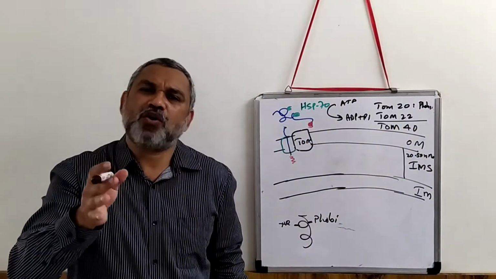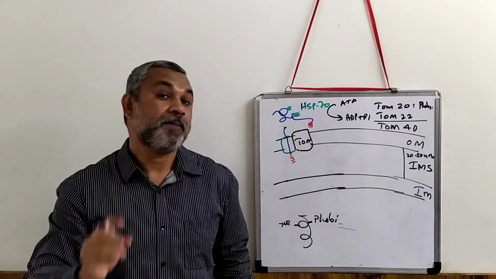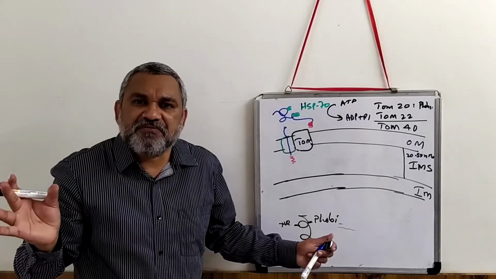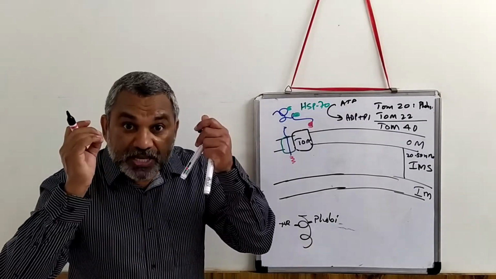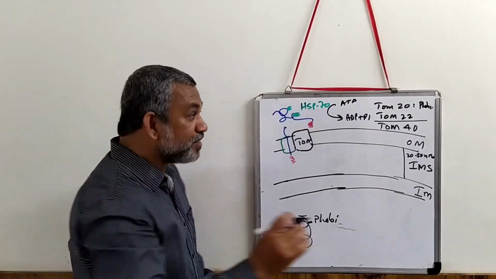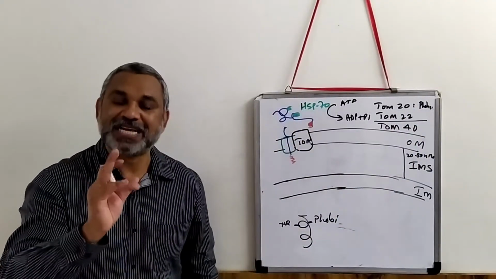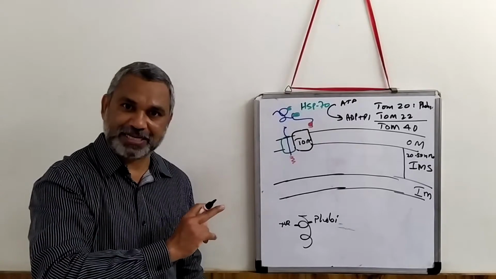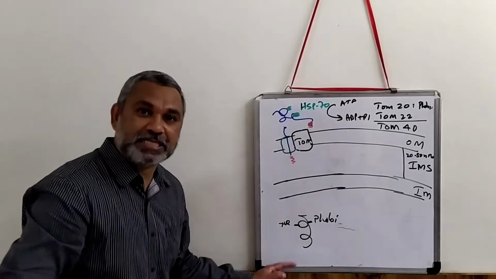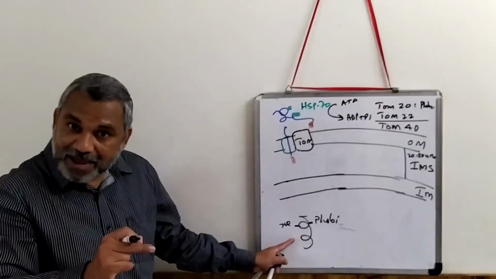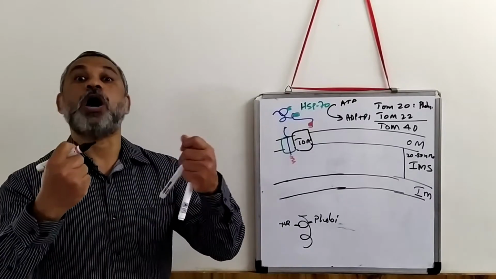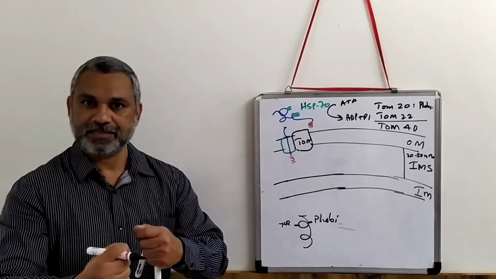It forms a kind of connection, but this linkage is very weak. Now it has to be strengthened. That strengthening is carried out by Tom 22, which has acidic amino acids, and those acidic amino acids will react with these basic amino acids, and now the bonding becomes tight.